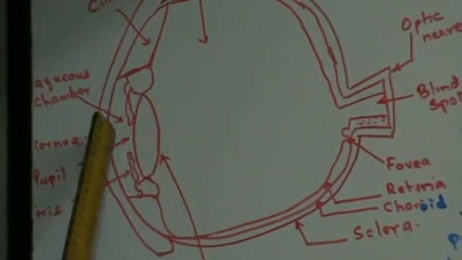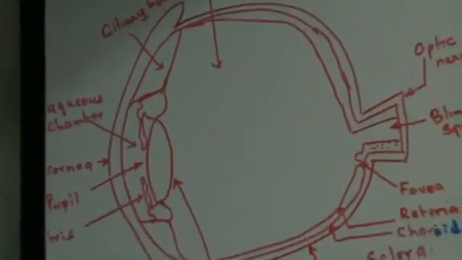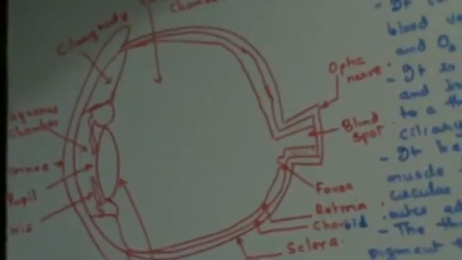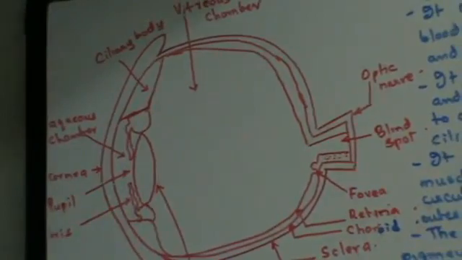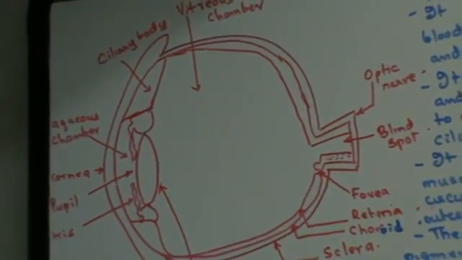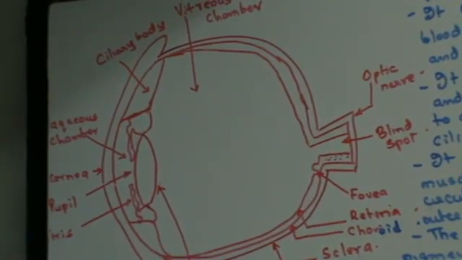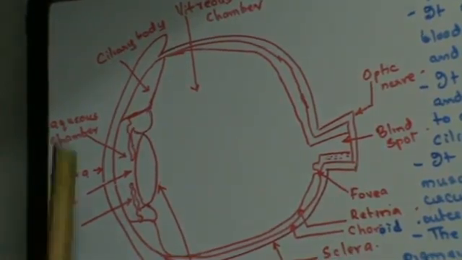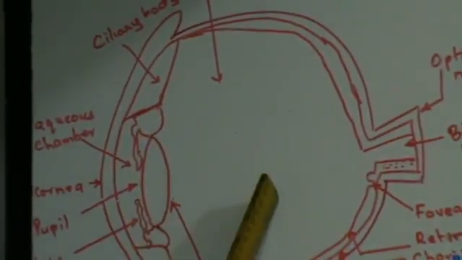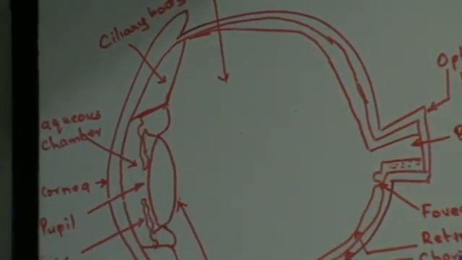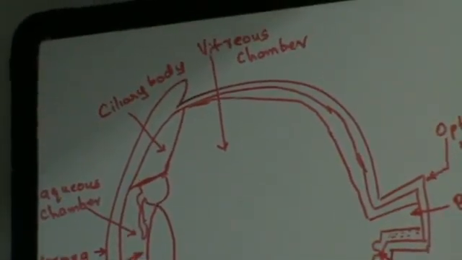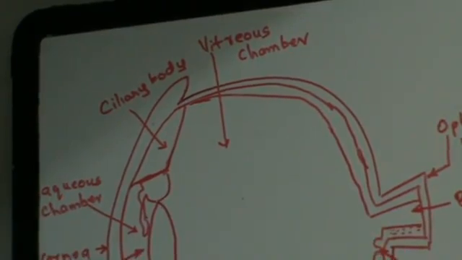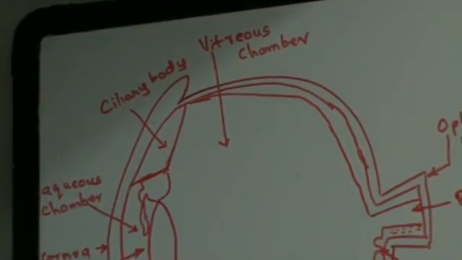Both these compartments contain a substance called the aqueous. This is your aqueous chamber and this is your vitreous chamber. They are filled with aqueous and vitreous humor, which is kind of a plasma-like substance, with the help of which refraction would take place and an image would be produced, right?